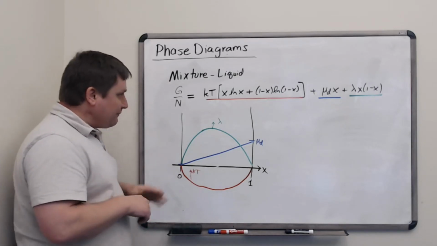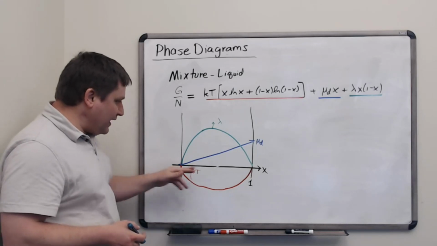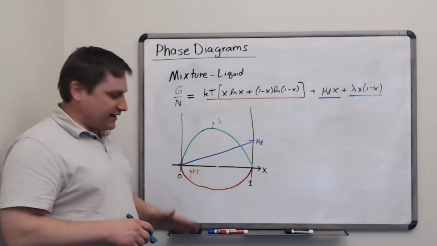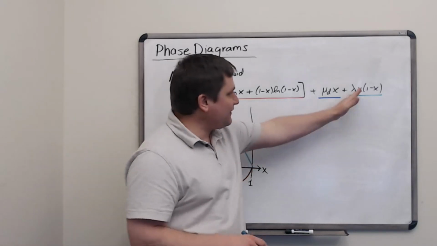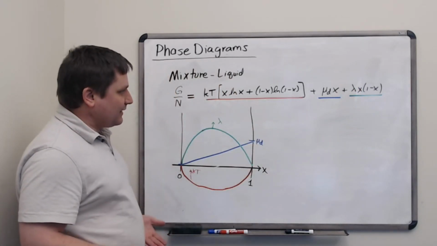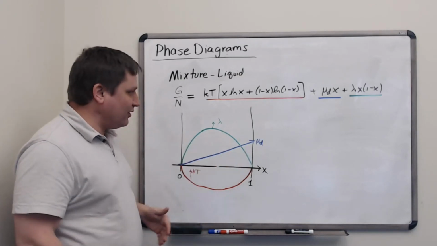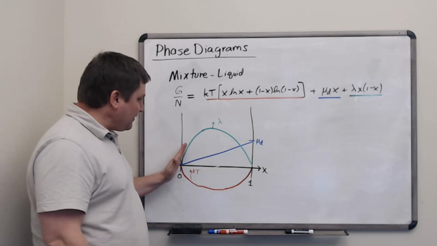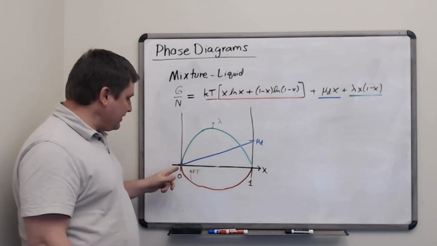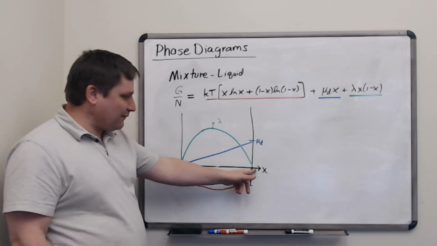But one important thing about this green curve is that the slope at 0 and the slope at 1 is finite. You just take the derivative of this, it's going to come out to 2 lambda or something, so plus 2 lambda here, minus 2 lambda over there. So we've got a finite slope for the green and blue curves at the origin, but an infinite negative slope for the red curve here, an infinite positive slope for the red curve here.